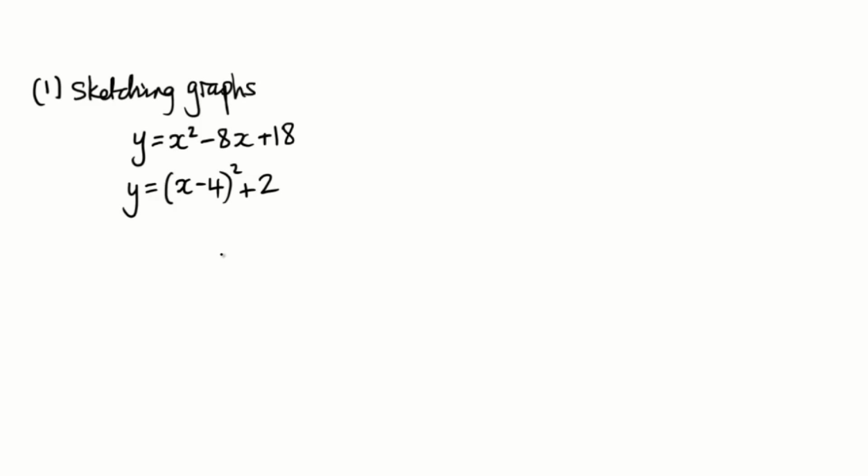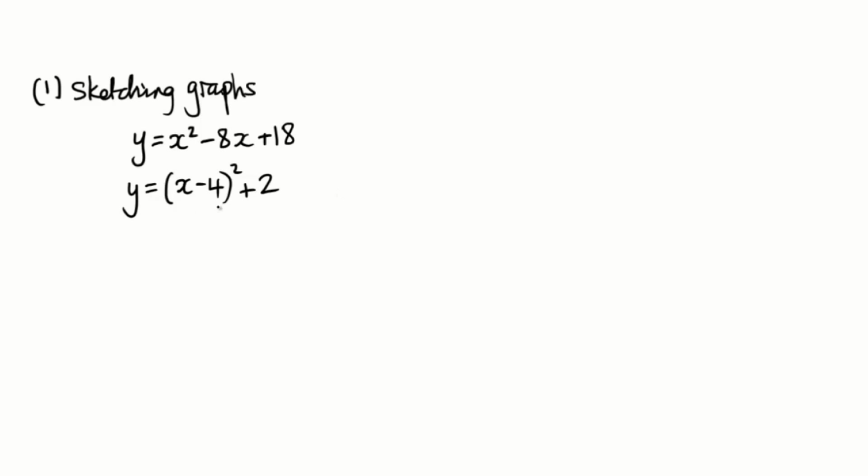Now if you're sketching a graph and it's a quadratic, what you might normally do is try and find the two places or the three places where the curve is going to cross the axes. So you might, as a first approach, try to factorise this and find the two places where y equals 0. In other words, the two places on the x-axis where that crosses. The problem is, with this particular example, it doesn't factorise.